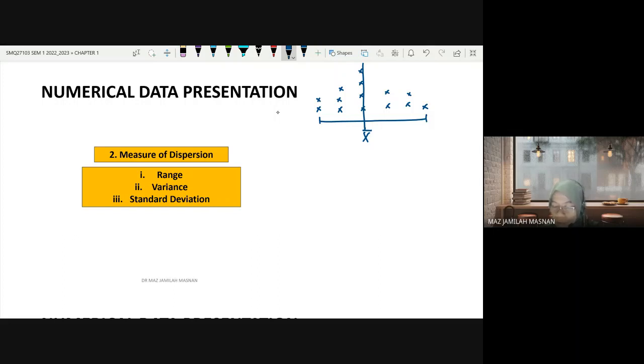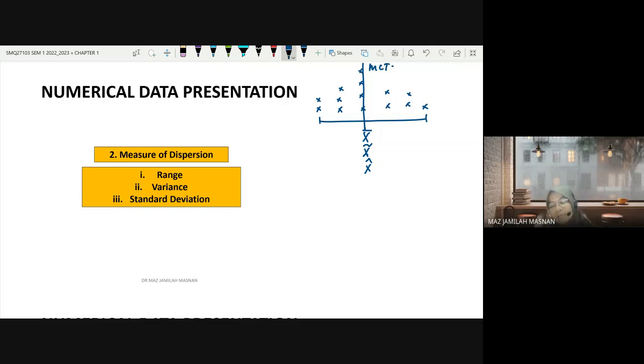The mode is also here, because basically it is the highest frequency. For example, let's say this is the case where we have this particular data. So measure of central tendency means that we are talking about the middle value.